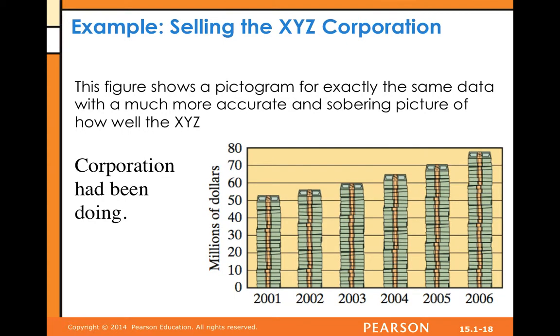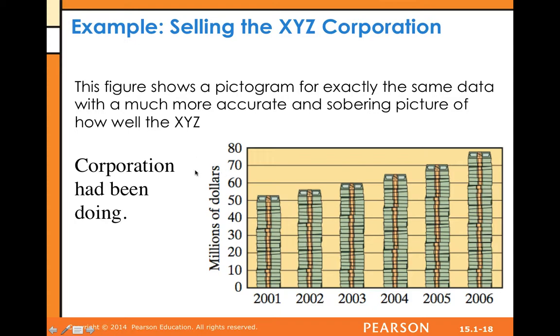So something to worry about when people give you data: if they don't start the vertical axis at 0, it can be misleading as to what's going on. So here's a chart where I start the vertical axis at 0 and then go by tens, and notice you see the same growth, right? This is the same data, but this last bar is no longer 6 times the height of the first bar. And this second bar is no longer double the height of the first bar.